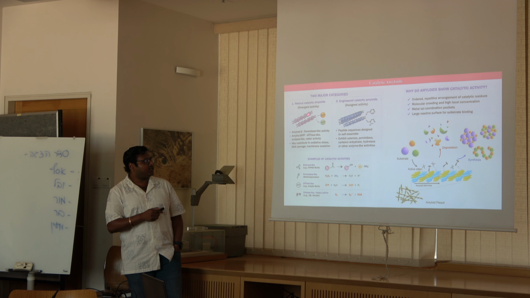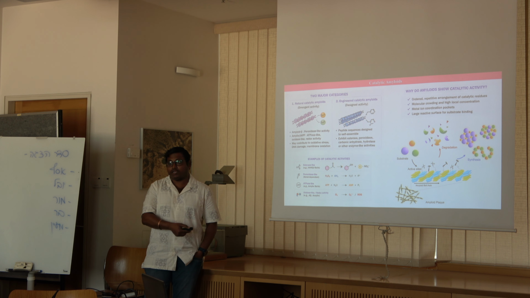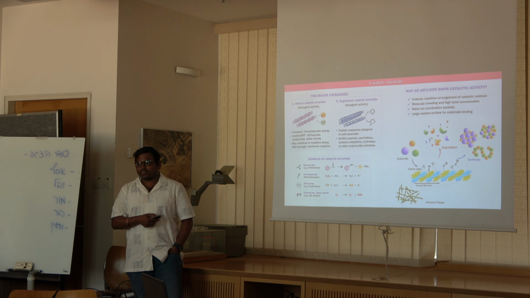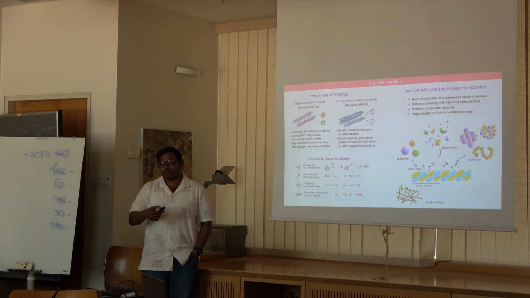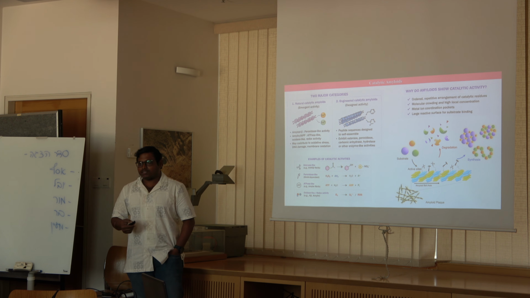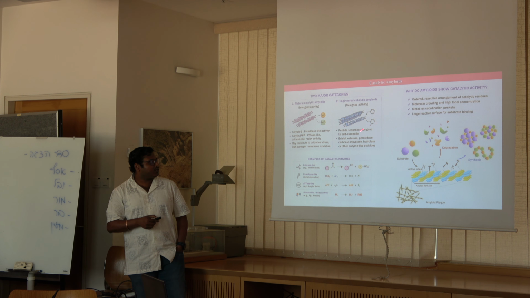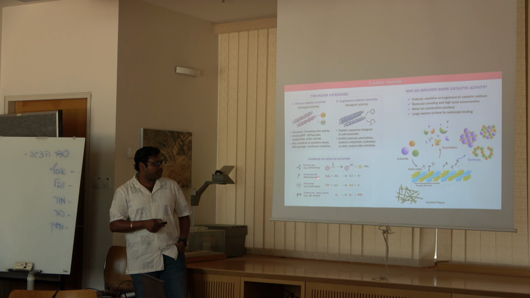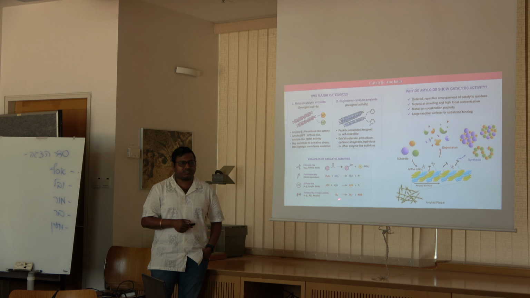There are naturally occurring catalytic amyloids, like the pathological ones, amyloid beta, amylin and alpha synuclein, for example, in persons who suffer from Parkinson's, Alzheimer's and diabetes. We can also engineer catalytic amyloids by sequencing different peptides in different cell assemblies, and they can show catalytic activities like esterase-like, peroxidase-like, ATPase-like and oxidase-like activities as well.